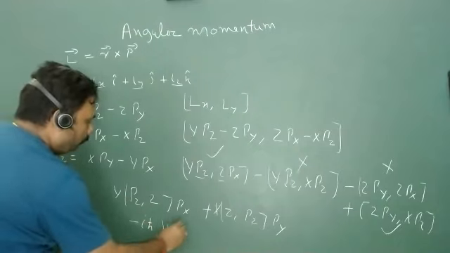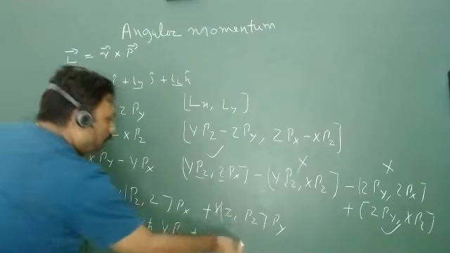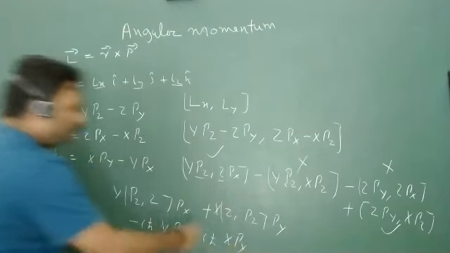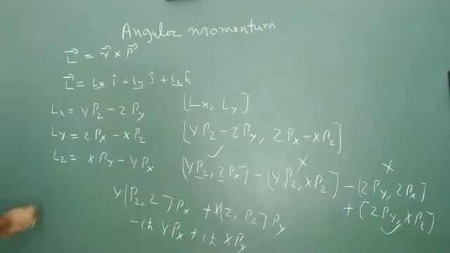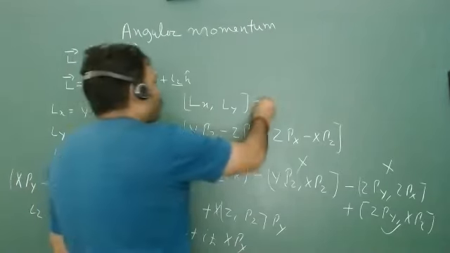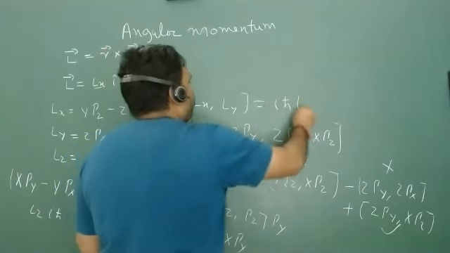So this is y px times [pz, z], plus z pz with x py. I can write this as x py minus y px multiplied by i h-bar, and this is nothing but Lz times i h-bar. So what we get is i h-bar Lz.